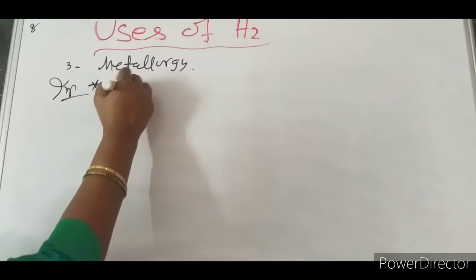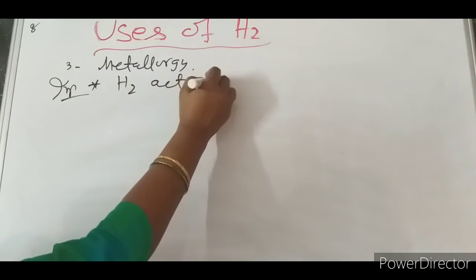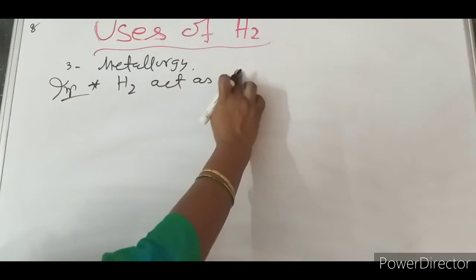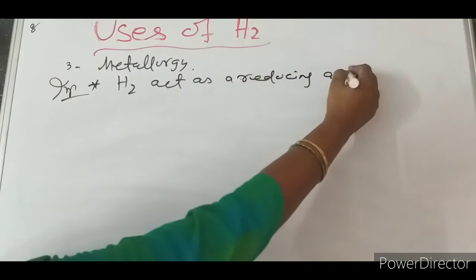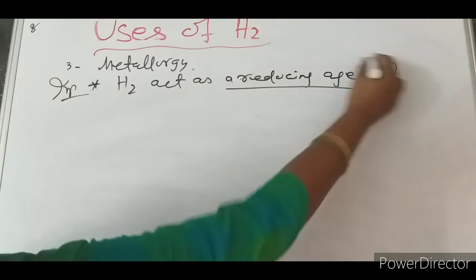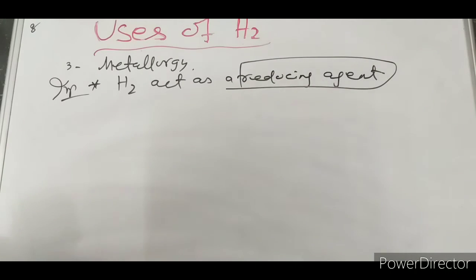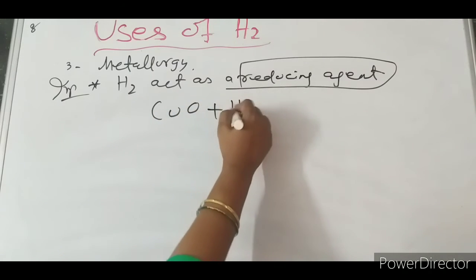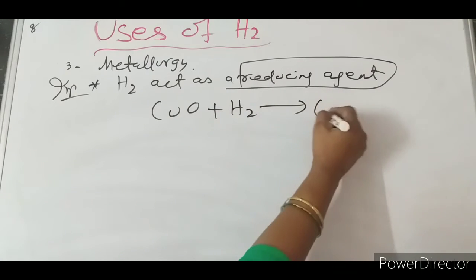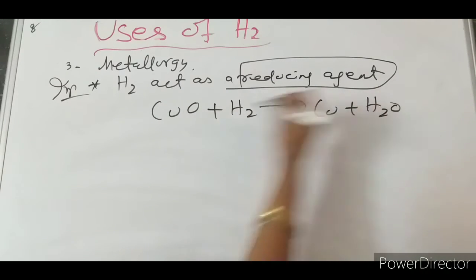Hydrogen acts as a reducing agent. That is why hydrogen is used in metallurgy. So if I take copper oxide with hydrogen, it gives copper plus water.